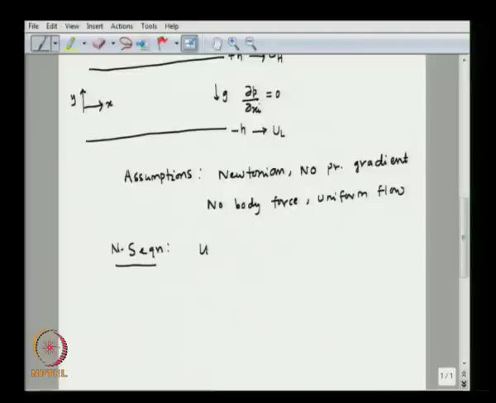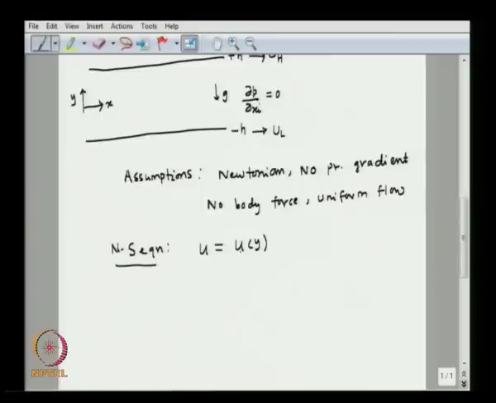So under those assumptions, our Navier-Stokes equation, if you write, the u will be a function of y only, right. We are talking about infinite parallel plates, so the z coordinate will not be important, and u is a function of y only, u is not changing along x direction.